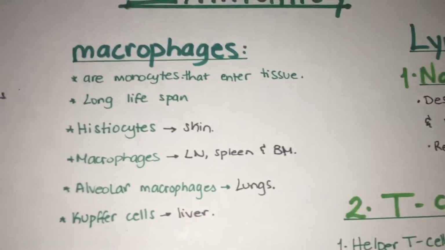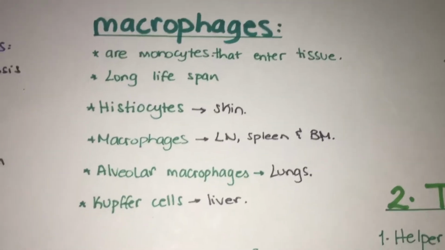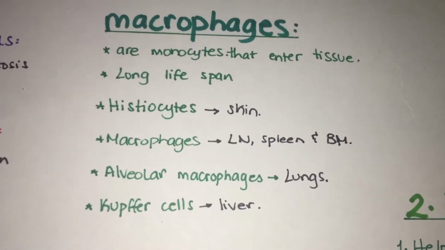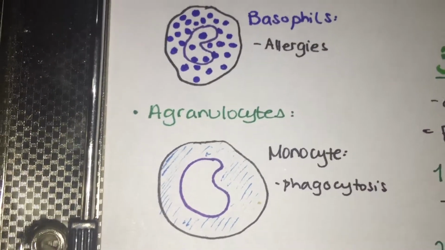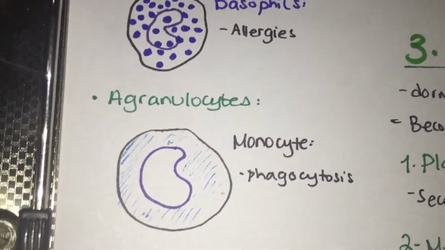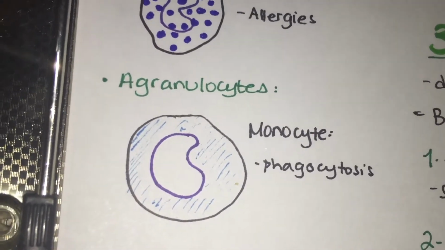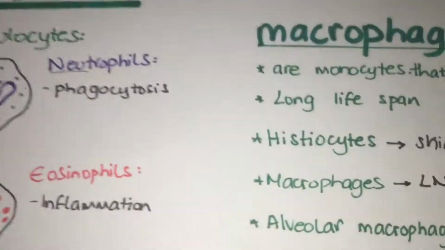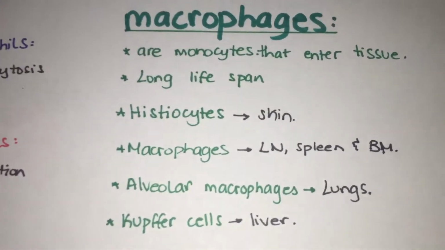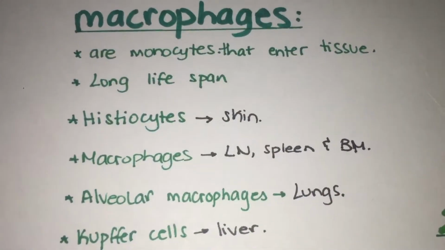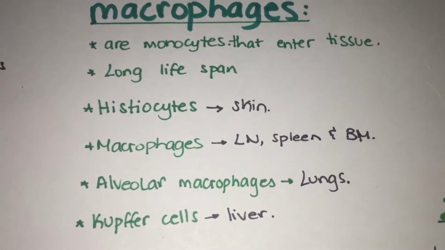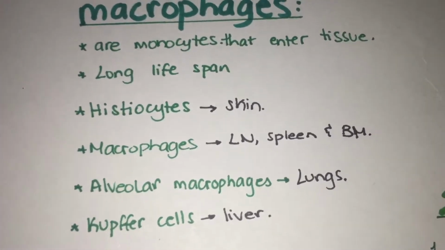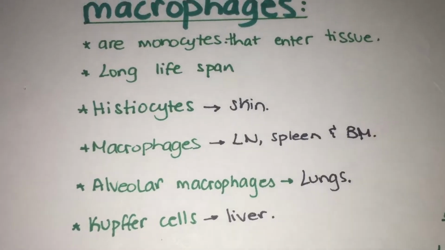Okay, so now we're going to be talking about macrophages. Macrophages are the same as the monocytes that we talked about a bit earlier. They have a kidney-shaped nucleus and no granules in their cytoplasm, and it usually looks bluish. With macrophages, what happens is that the macrophages or the monocytes stay inside the tissue in a dormant way until they are needed or until they are triggered.